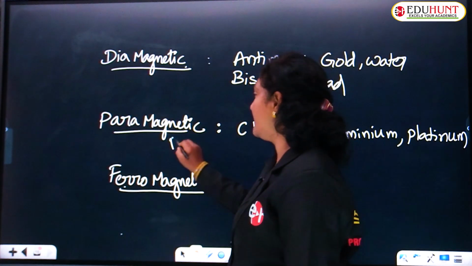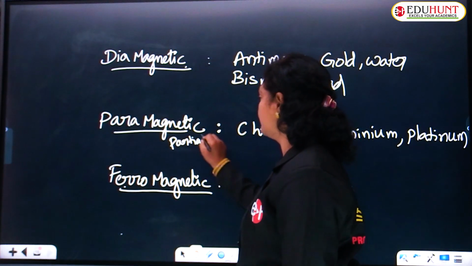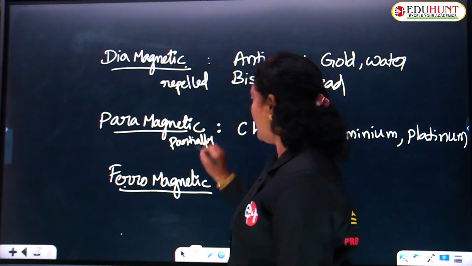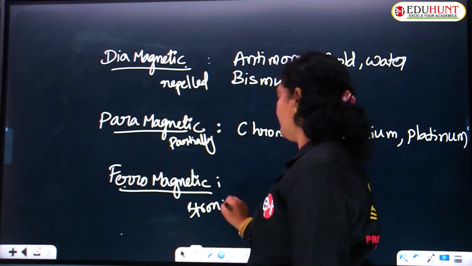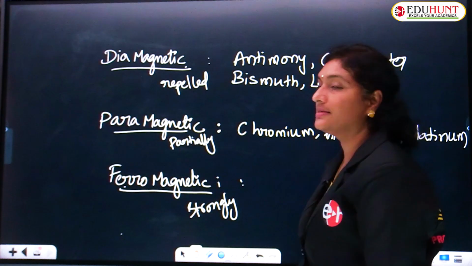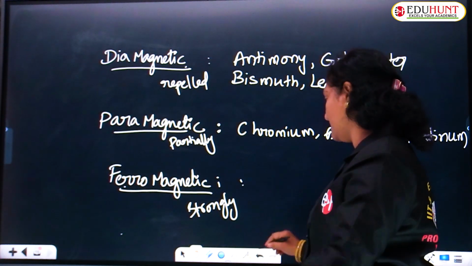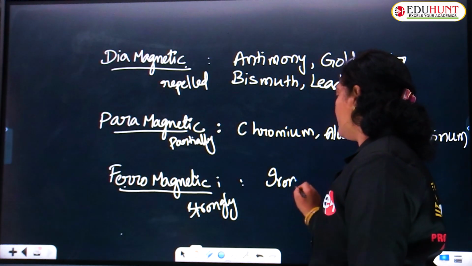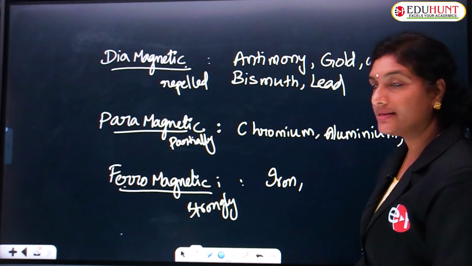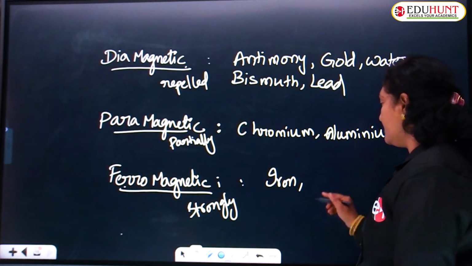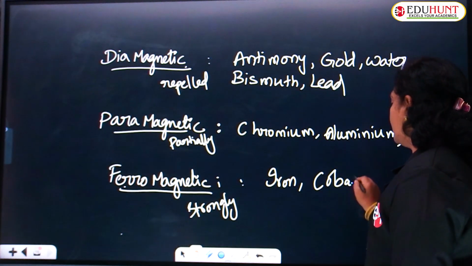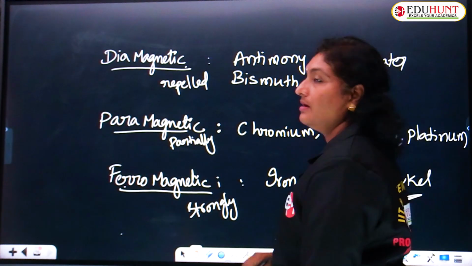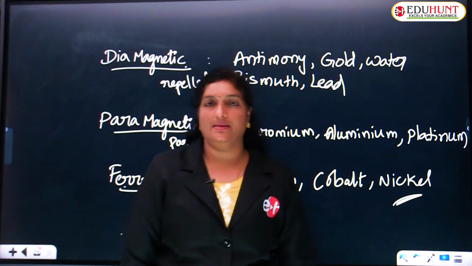These are partially attracted, these are completely repelled, and these are strongly attracted when taken near a bar magnet. As I already told you, iron can be easily magnetized whenever a magnet is taken near it. Iron, cobalt, nickel, and a few more are examples of ferromagnetic substances.